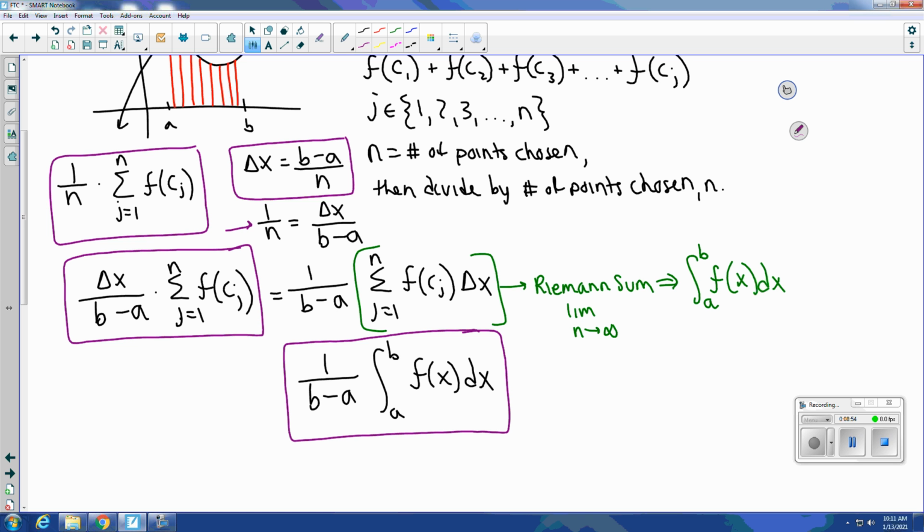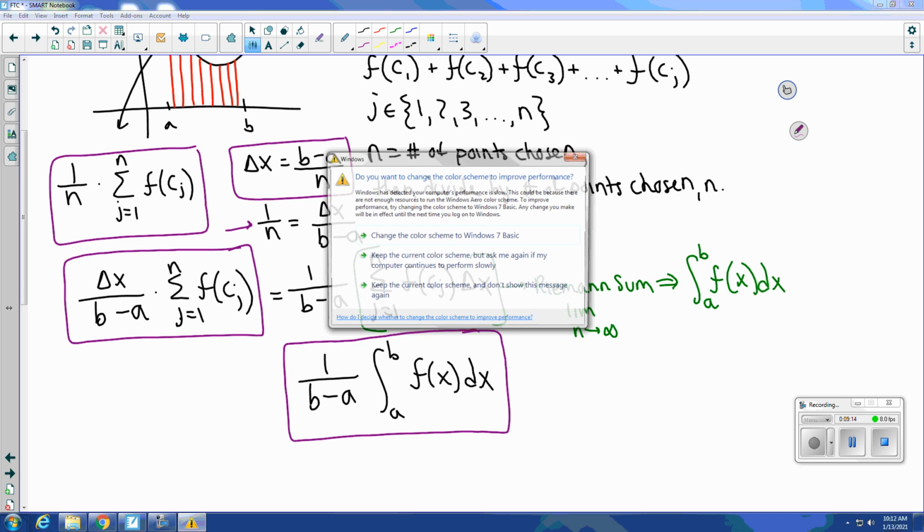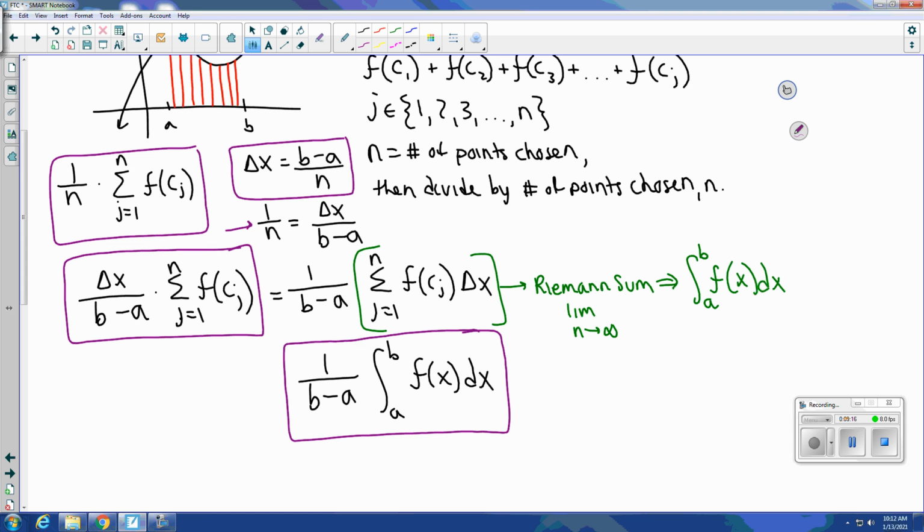And then we said to get the actual estimate, what we would want to do is take the limit as the number of points we choose approaches infinity. And we know the limit as n approaches infinity of the Riemann sum is an integral. It is the definite integral along the interval from a to b. So we can make the replacement for our Riemann sum by using a definite integral, and thus we have derived the formula for the average value of a function.